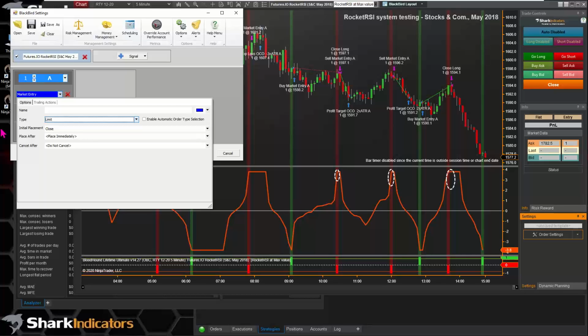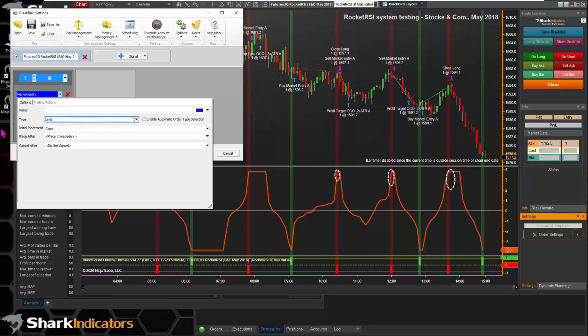All right, let me try and whip through some of these other questions. Does Bloodhound and Blackbird work with cumulative delta indicators? Yes, it works with NinjaTrader's order flow cumulative delta indicator, and in our experience, it works with most of the other cumulative delta indicators. It does work with GAMI's cumulative delta, and there's Order Flow Analytics; it works with theirs.